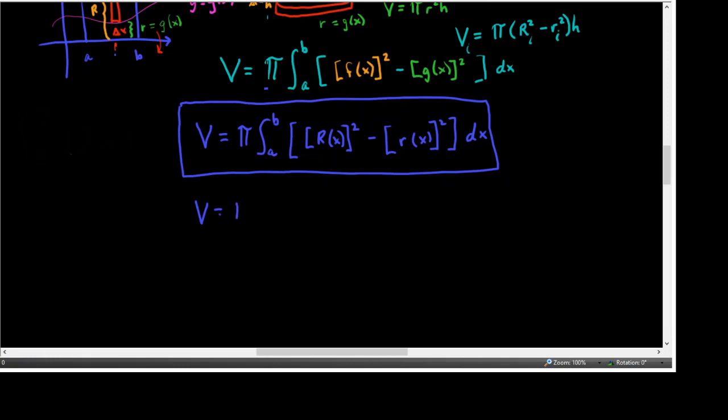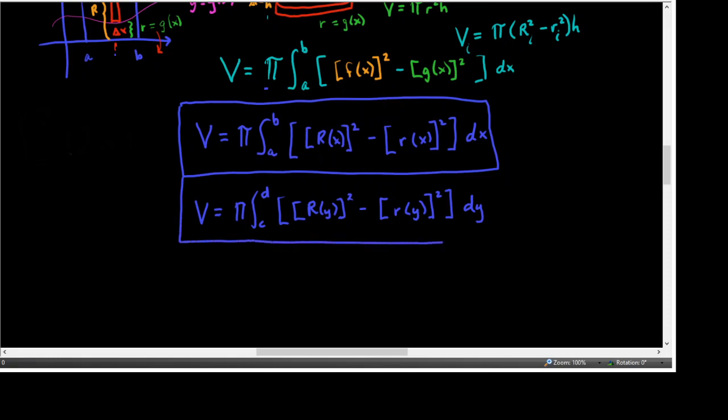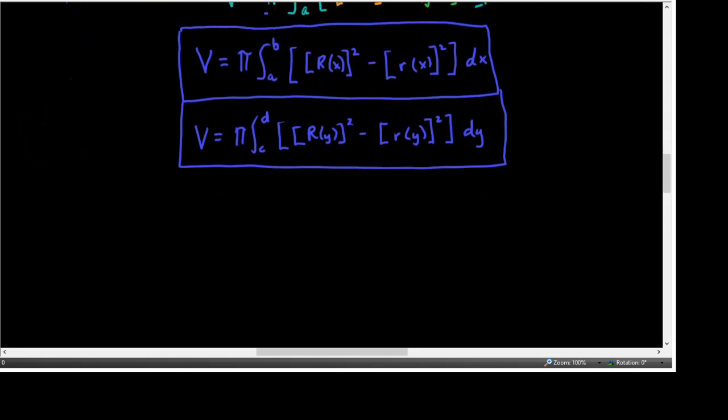The volume equals pi times the integral from c to d. Remember, we use those letters when it's y values, of big R of y, where big R is the outer radius, minus little r of y, that's the inner radius, the radius of the hole in the middle of the thing, dy. And so that's an alternate version if it happens to be given so that we are forced to use a delta y kind of setup.